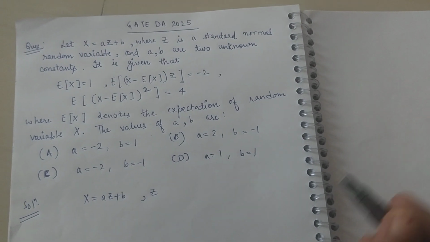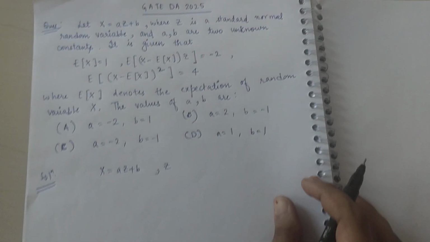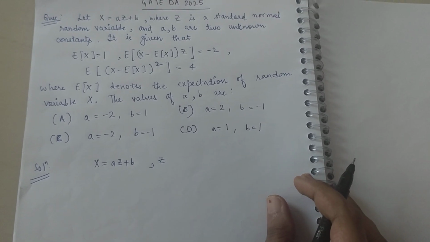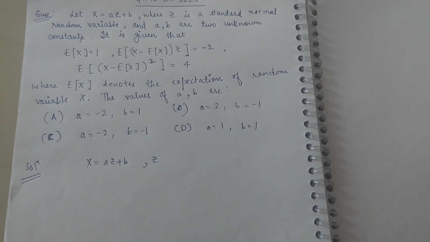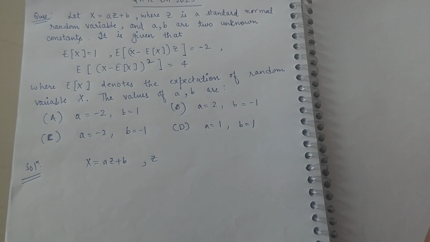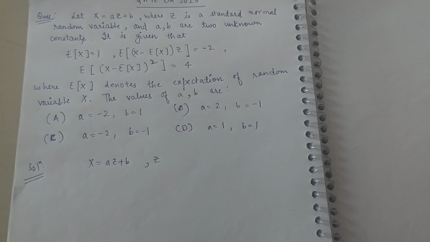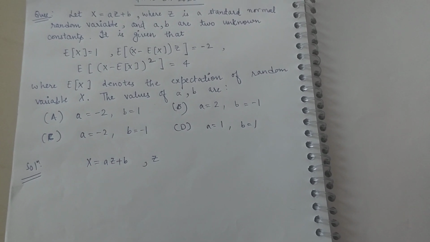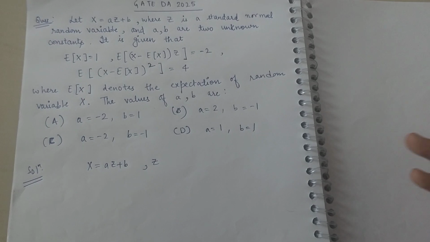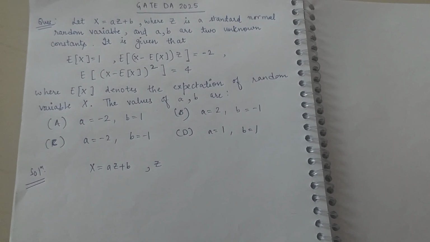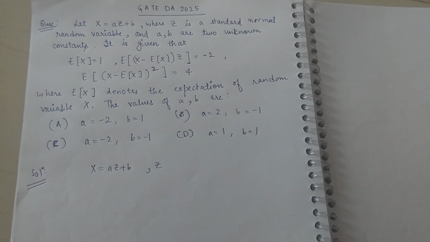They have given some information regarding the expectation of x and some combination of z. So we are given some expectation values for the random variables, and we are supposed to use this given information to find the values of a and b.